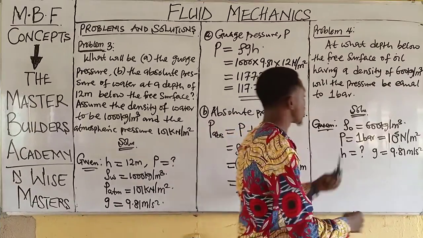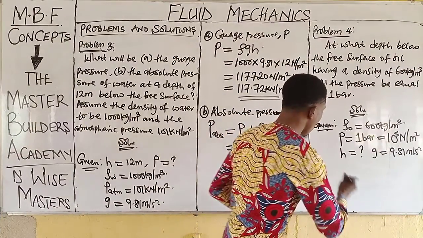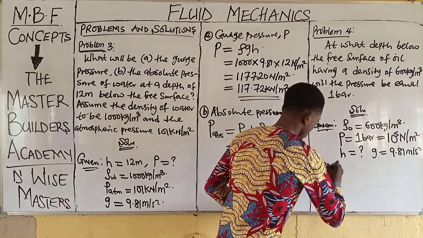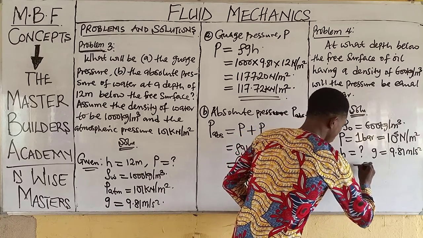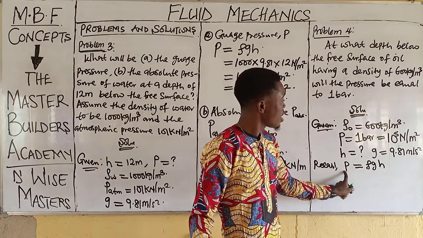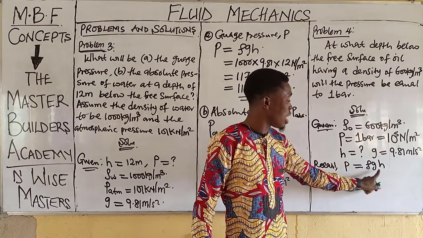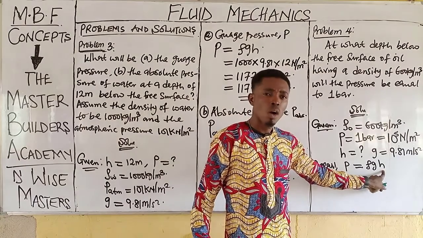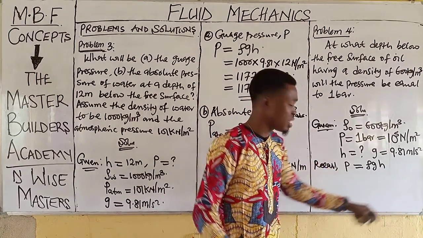So now all we need to do is to recall that gauge pressure is equal to rho g h. Now we know P, we know density, we know acceleration due to gravity, and we are looking for h. We simply make h the subject of the formula, which is the head.